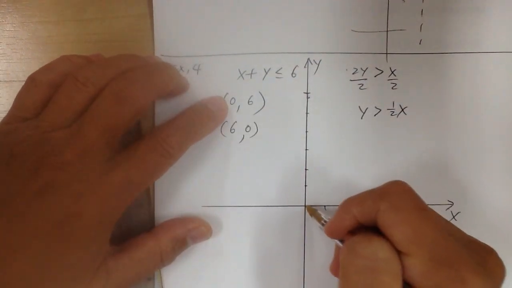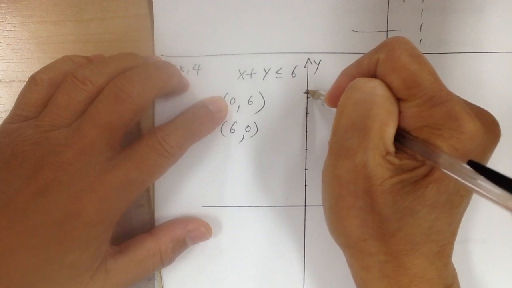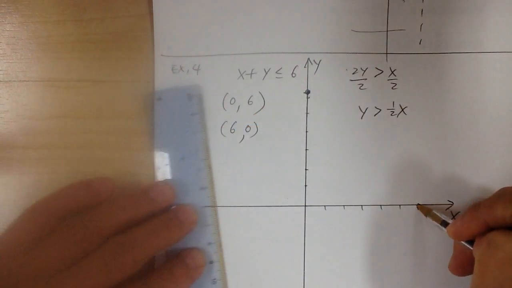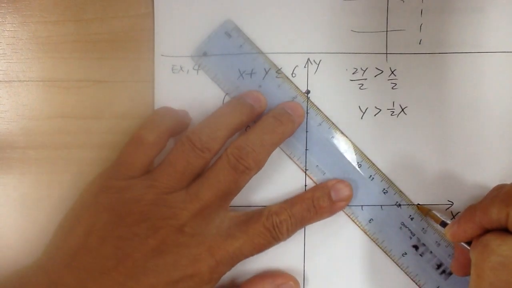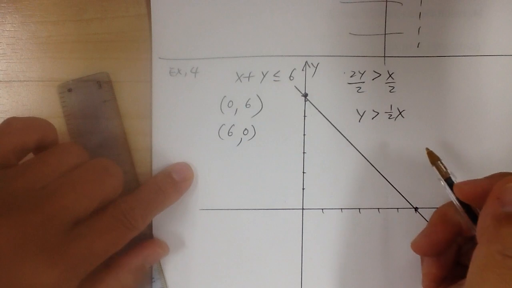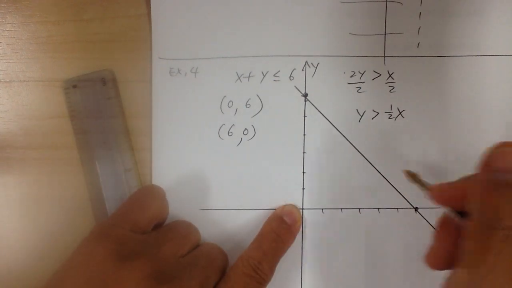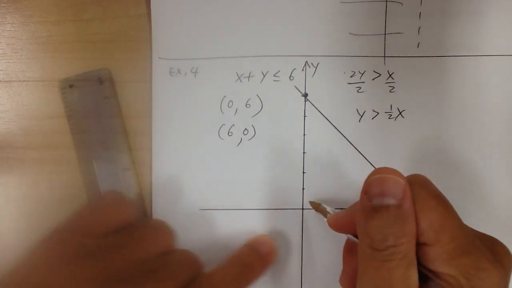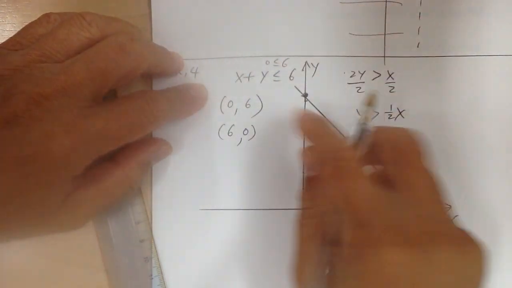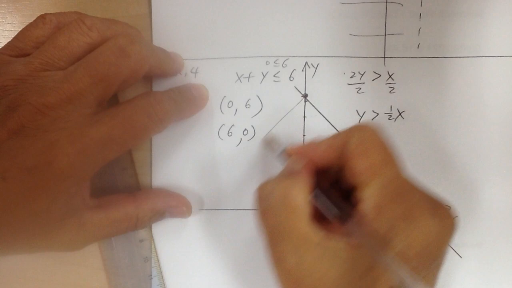So 0, 6 is right over here, and it's going to be a closed circle, and 6, 0 is going to be over here. Then you have to do the testing point. You can choose any point that is not on the line. 0, 0 is your easiest point. So I put 0, 0 in here, and I get 0 is less than or equal to 6. So this is true, so your shading will be right here.